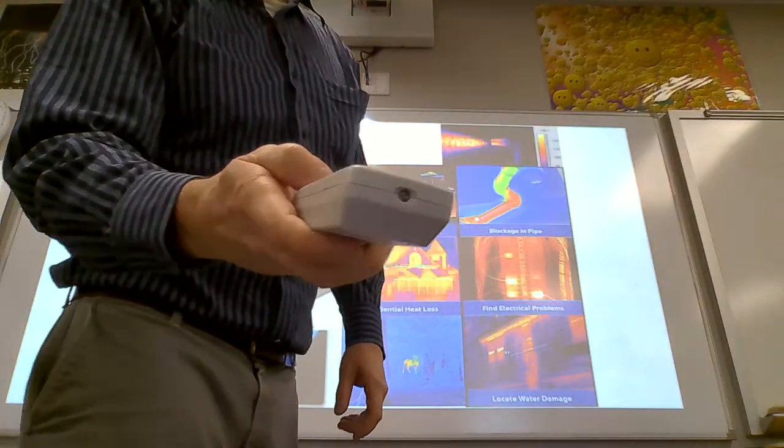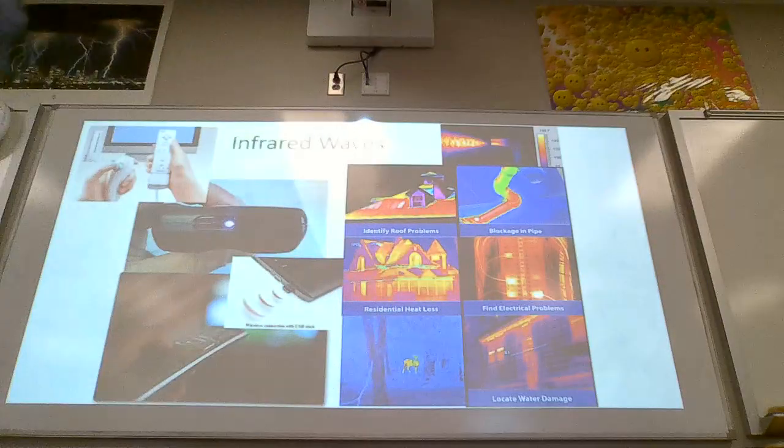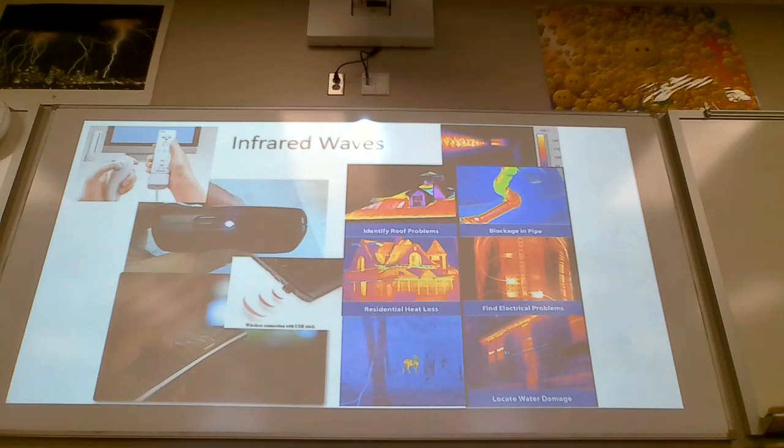Can you see that light? You see this light bulb? See it blinking? No, because you can't see infrared. Wait, then why do I see my TV remote blinking?